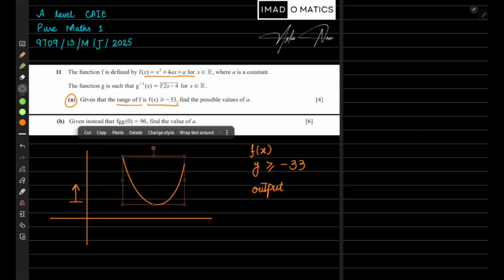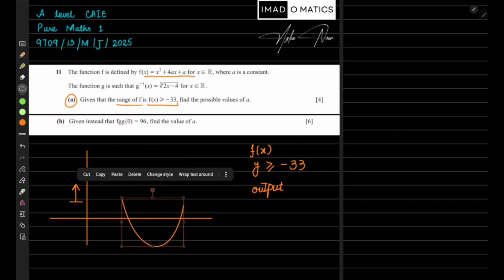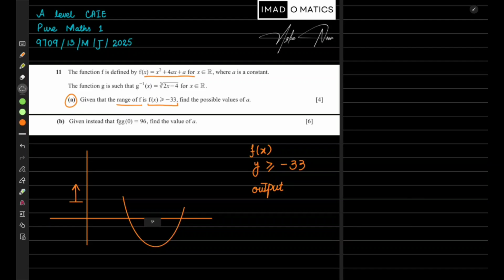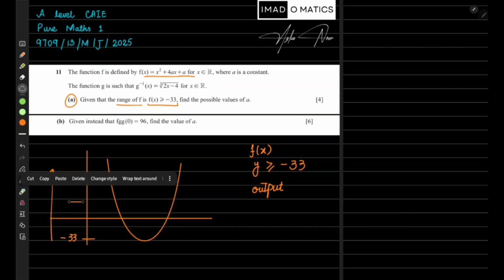Minus 33 surely means that it must be like this. So when they say that y is greater than minus 33, then it means that minus 33 will be this one, and all the y values above this are allowed for this quadratic curve.